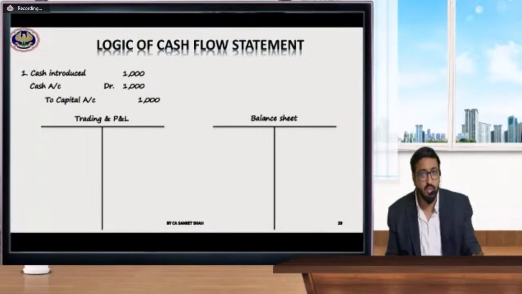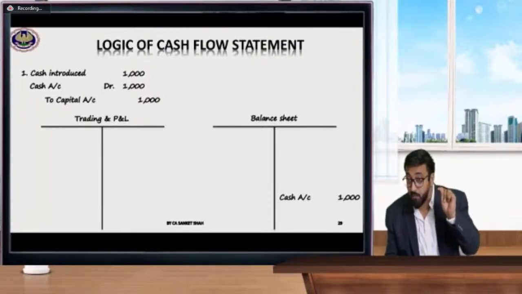So tell me where cash goes, in trading and P&L and balance sheet. Simple T format balance sheet. Left side liability, right side asset. Trading and P&L account, left side expenses, right side income. Very simple. So where will cash go? Asset side, cash account. Please focus on these amounts.